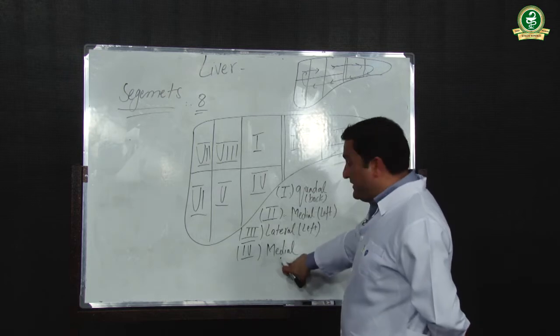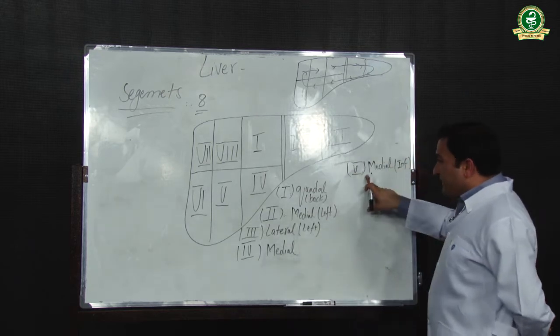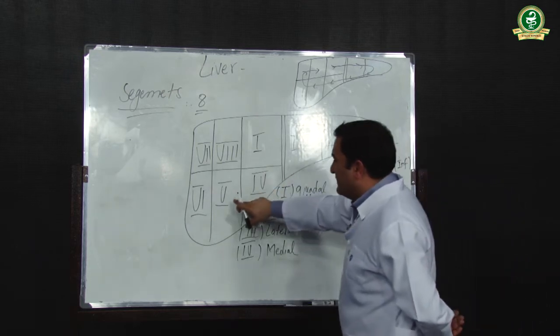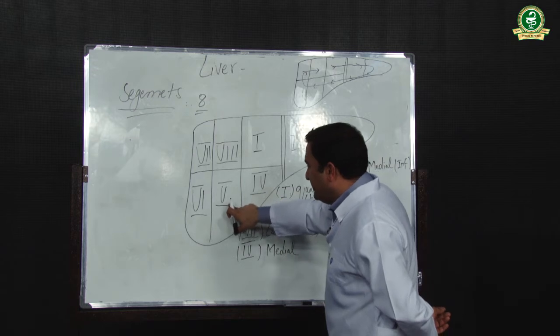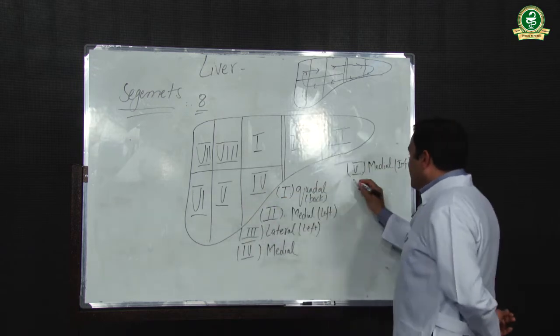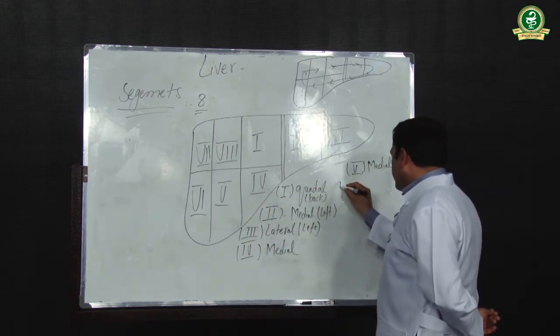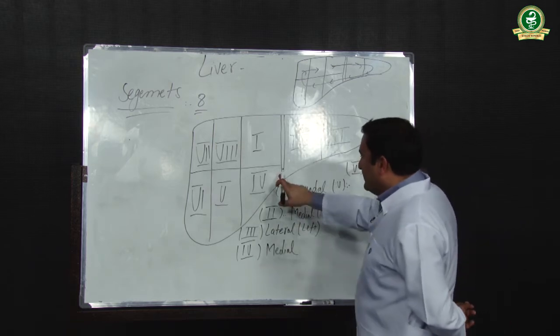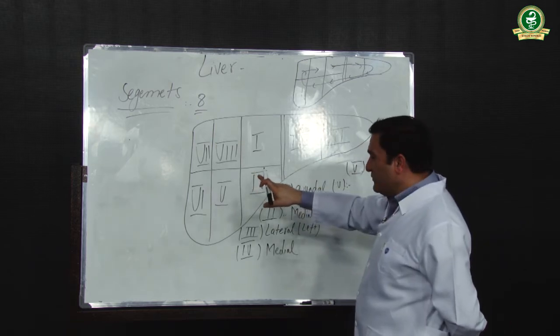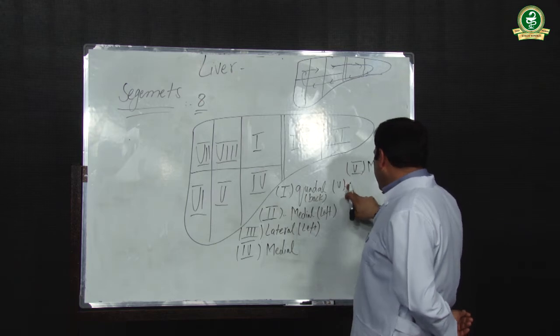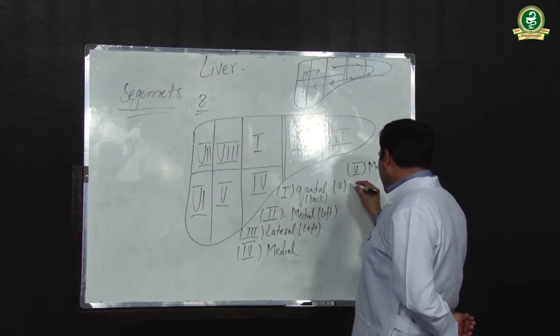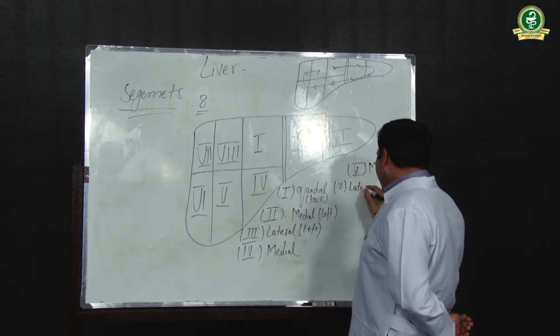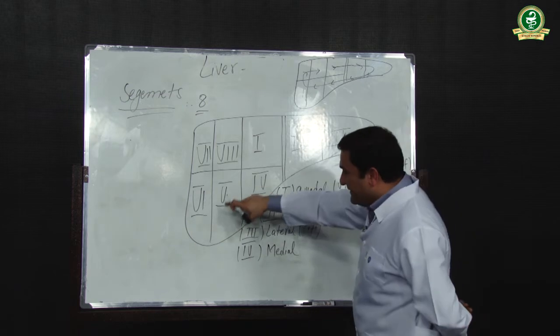There is a difference between that medial and this medial: medial inferior, near the center line. Then the sixth is lateral, away from the center line according to anatomical position, but inferior.